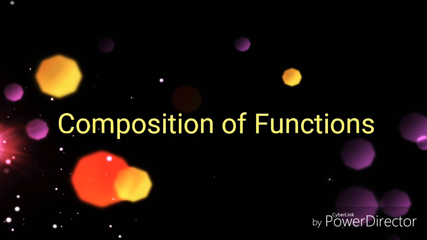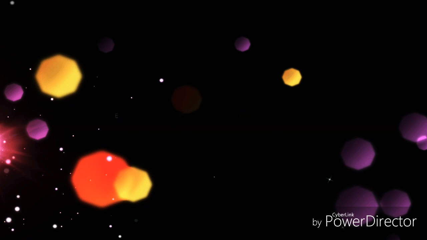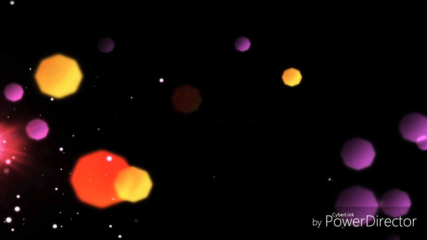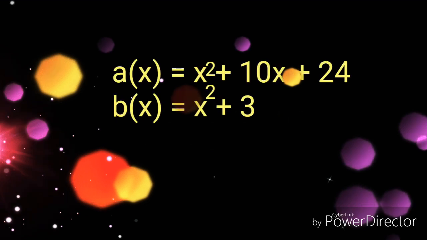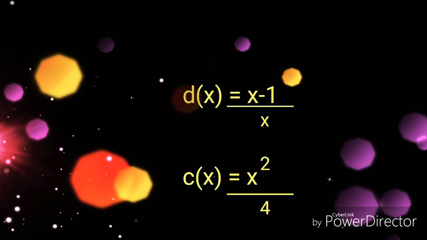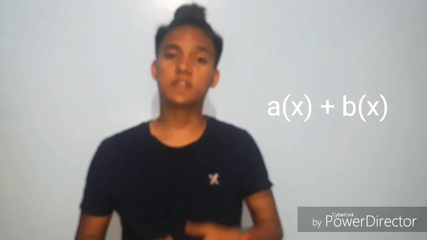So let's try another example of composition of functions. I guess this is more complex than the first two examples. The third example is a of x plus b of x.